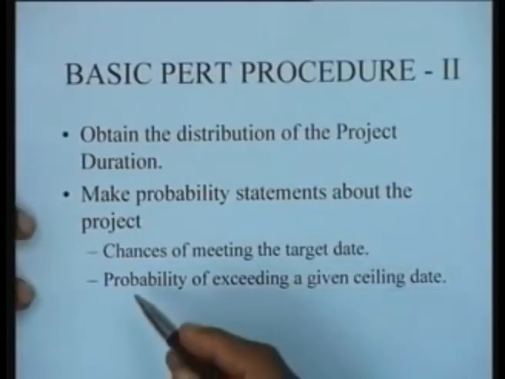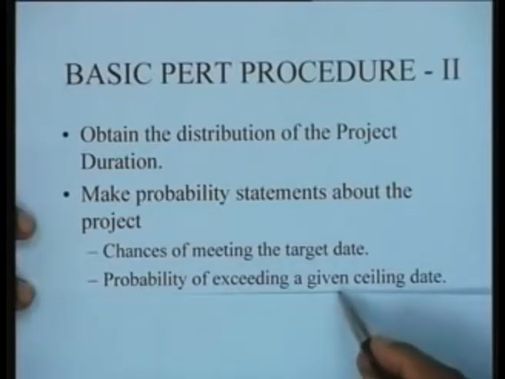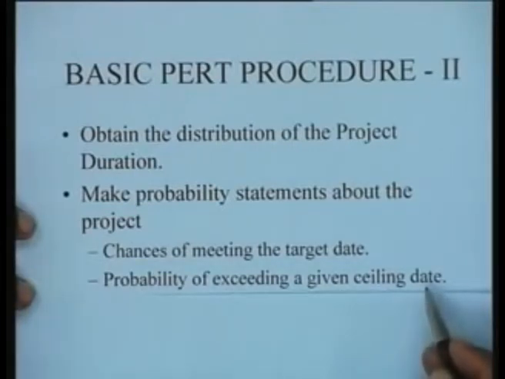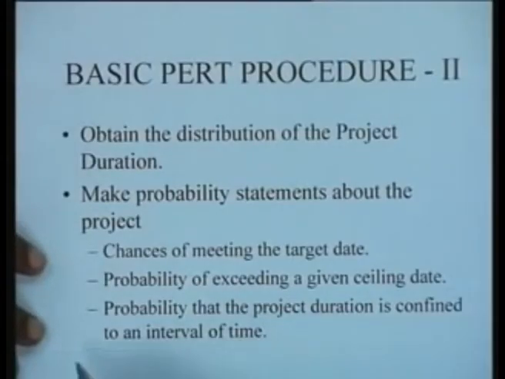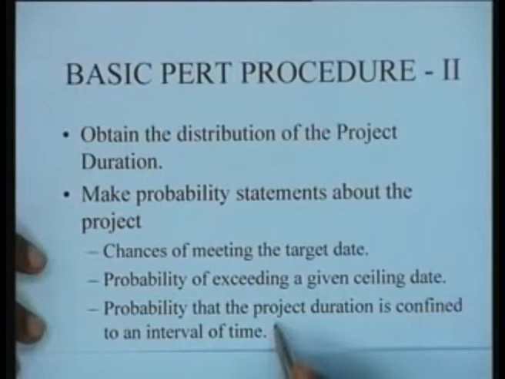Then he would also like to find out the probability of exceeding a given ceiling date. What are the chances that the project will exceed a certain value? This kind of information can be obtained from the distribution that we have just obtained. And then you can be interested in finding out the probability that the project duration is confined to a certain interval of time. That means, what are the chances that the project would be completed between 3 months and 4 months?